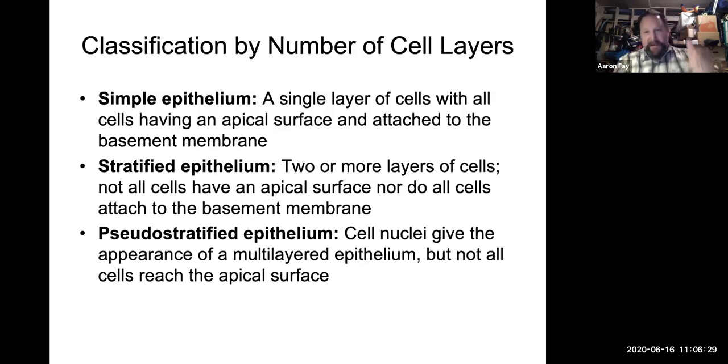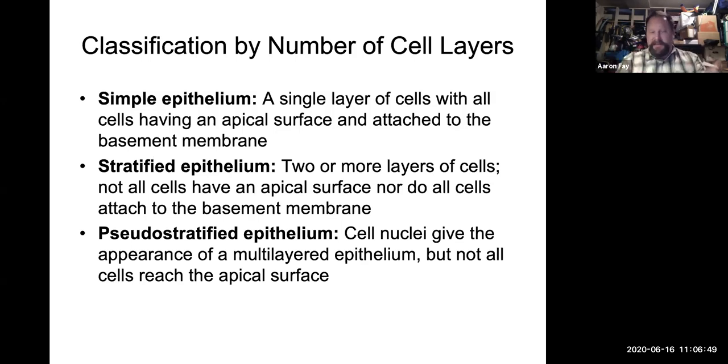Easy enough to understand. Now, this third one is a weird one. The word pseudo means false. So a pseudostratified epithelium is really a simple epithelium, but it looks like a stratified epithelium. So it's a falsely stratified epithelium.